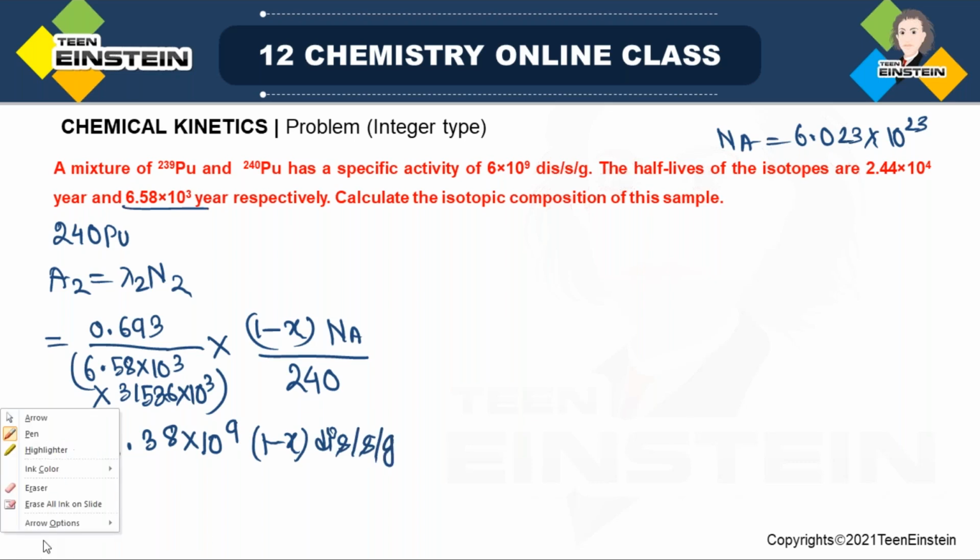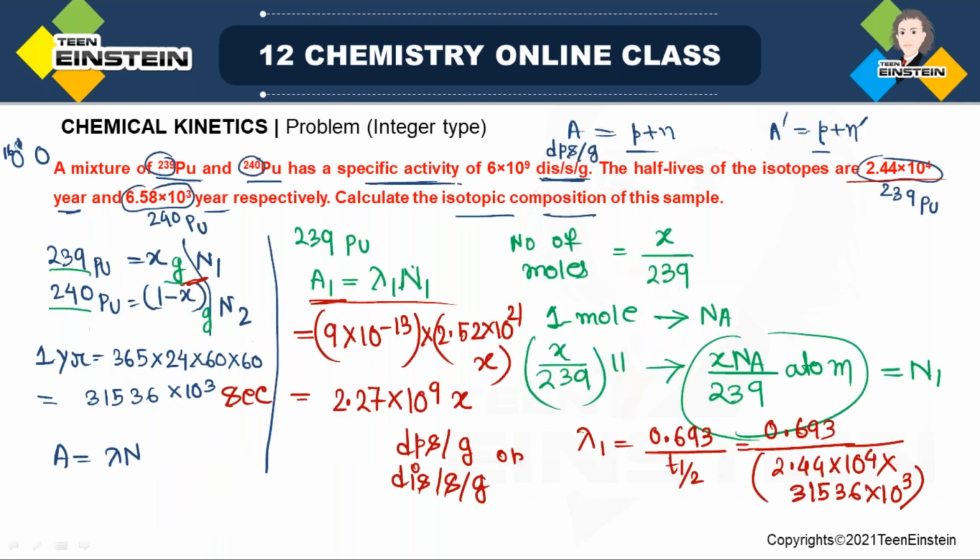So now individually we know the value of A2 and A1. Now here the total specific activity that is given is 6 × 10^9.